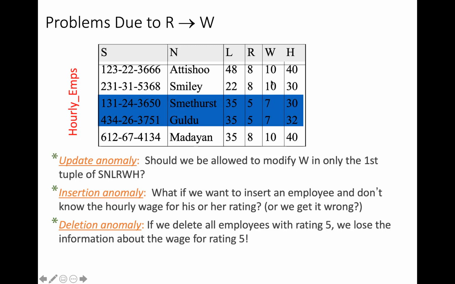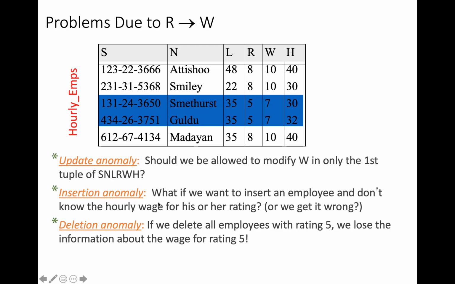However, when you update it, you only updated W, and this is allowed. So you are allowed to do something that breaks the application rule. In the application, R should uniquely define W, which means if the rate is 8, W should be 10. However, you just updated W, and this is feasible because of the rules of the database. You can update any attribute in a table, that's fine.